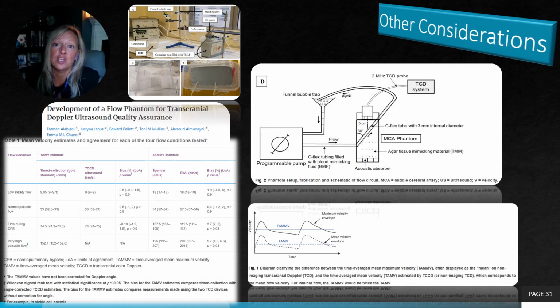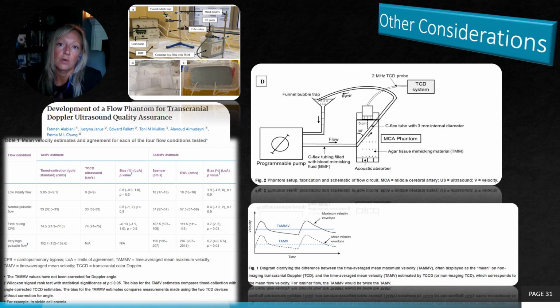Now, other considerations to be mindful of when providing transcranial Doppler are the machine you're using and how your machine works. There are some variabilities and slight differences between the different dedicated Doppler transcranial machines. There is a development of a flow phantom for TCD quality assurance.